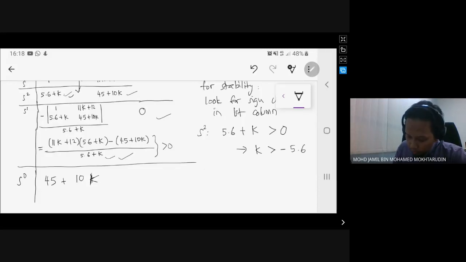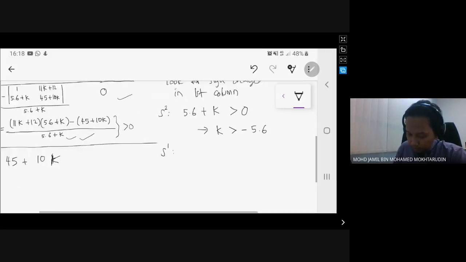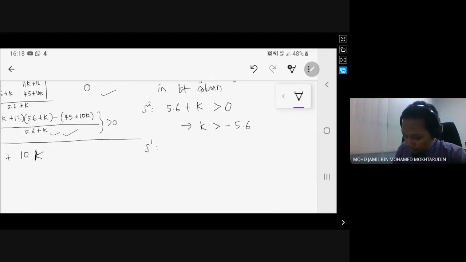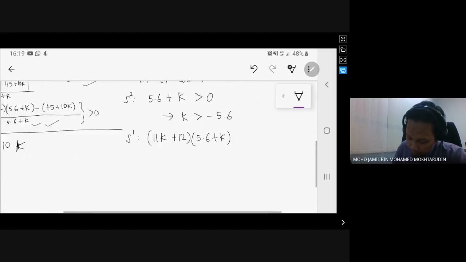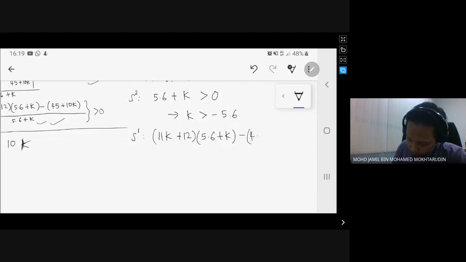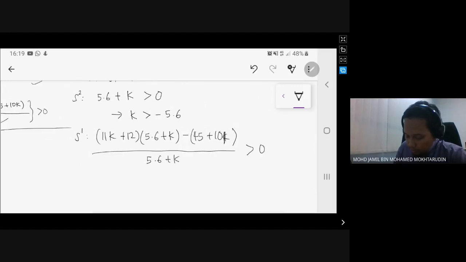The second one is this value here must be positive. So row s1, you will get 11K plus 12, and this one will be bigger than 0.